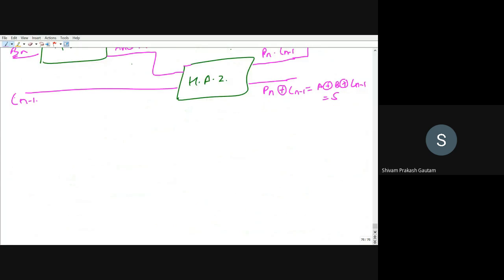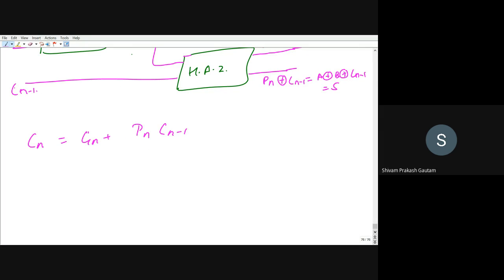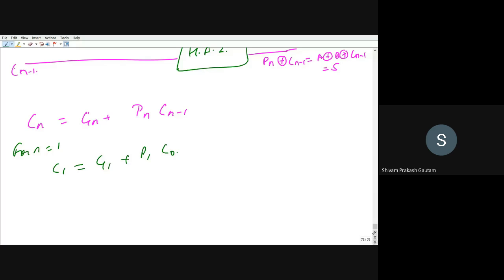So Cn, let me finally write down. Cn will be equal to Gn plus Pn into Cn minus 1. This is the generalized expression, so one by one we will put values. For n equal to 1, this will be C1 equals G1 plus P1 into C0 for the first stage.